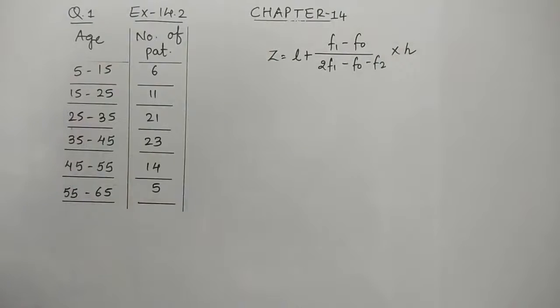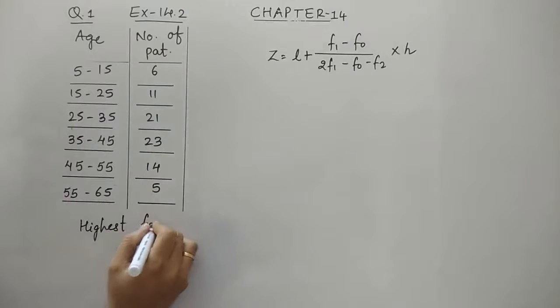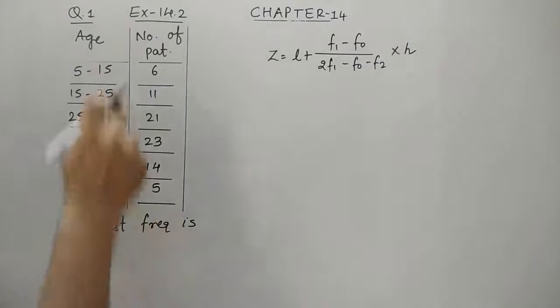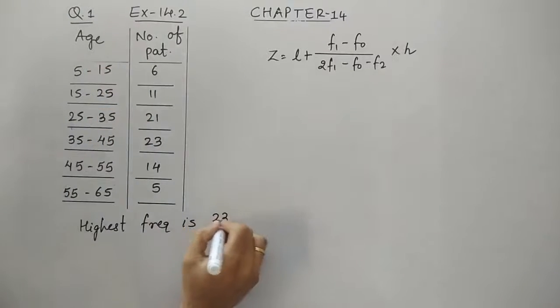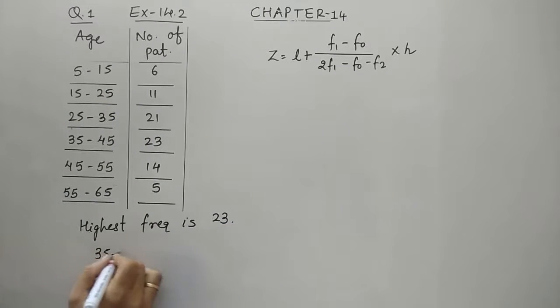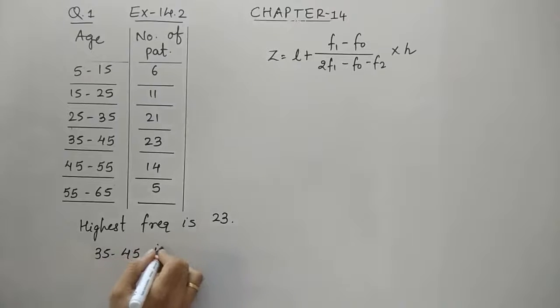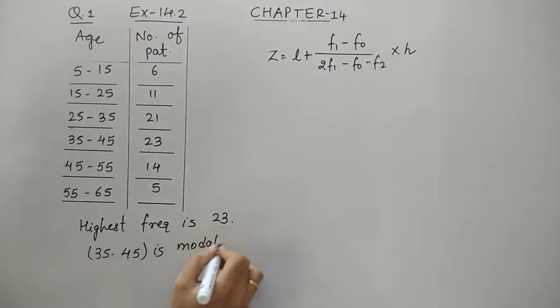So always find the highest value, or we can say the highest frequency. Which is the highest value? That is 23. So the class 35 to 45 is the modal class.